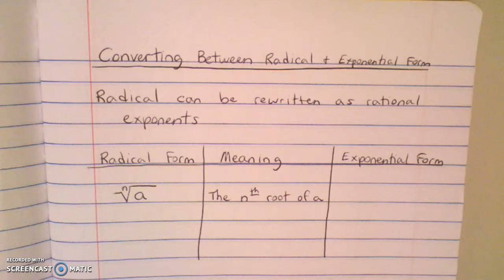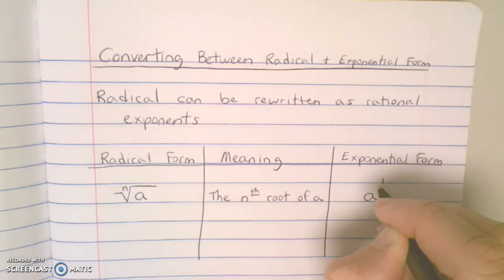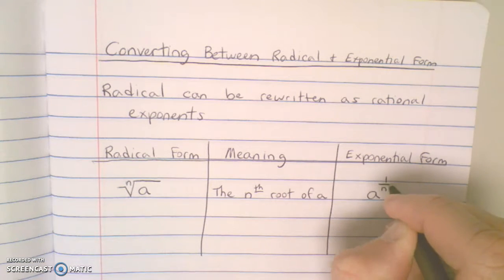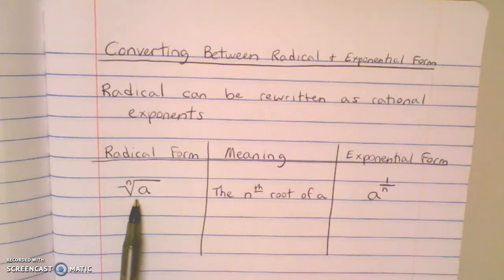So we can actually convert that into an exponent, which is useful when you're simplifying expressions with radicals. And that's going to look like this. A to the 1 over n. So this is another way of writing this expression.